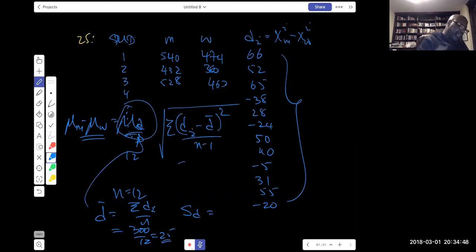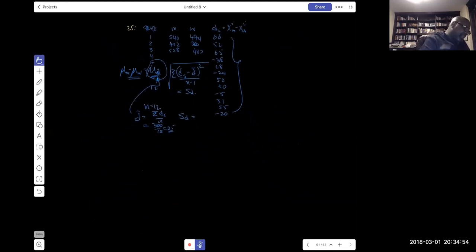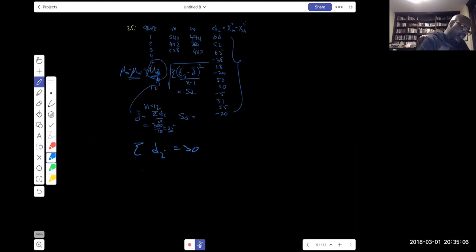That would be SD. But what I showed you in the formula sheet is a little shorter. If you do it this way, I have the di's, and the sum of the di's in this case is 300.